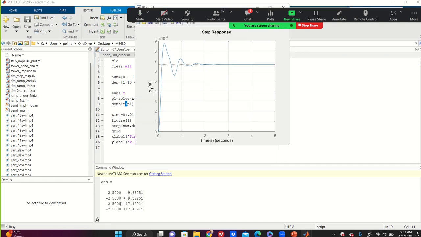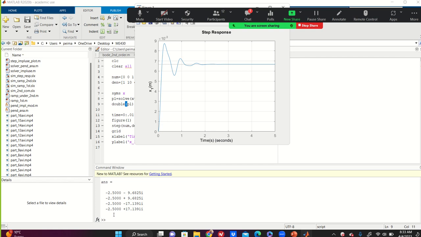you have complex conjugate poles, guys, and all of them in the left hand side. You see, the real part is the same. It's interesting, but the imaginary part, they are different. It's a very interesting system, guys.